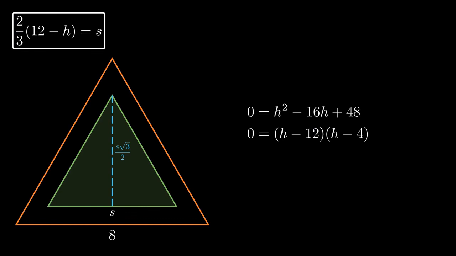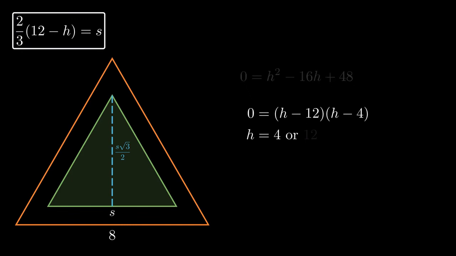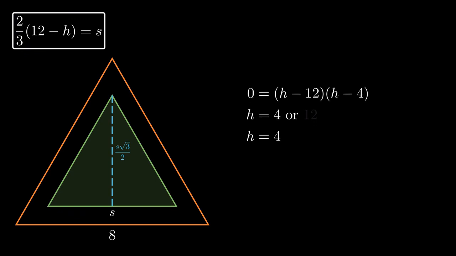And so let's look at the answers here. We have 4 and 12. And we can throw the 12 out, right? Because we notice that when the height of the prism is 12, its volume vanishes. It's 0. So we're left with 4. And that is it. That's what we're looking for. So when the height is 4, that is the maximum volume of the prism.